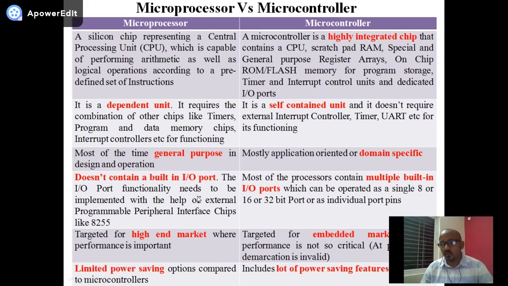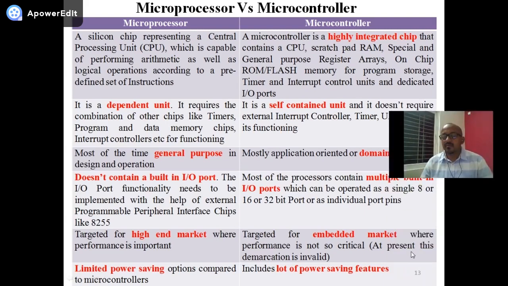To enhance the port capability, we connect this 8255 externally. But in the case of a microcontroller, or the ARM Cortex M3, we have multiple ports built in. So, for the high end market, embedded is the market. Embedded systems use the microcontroller most of the time.